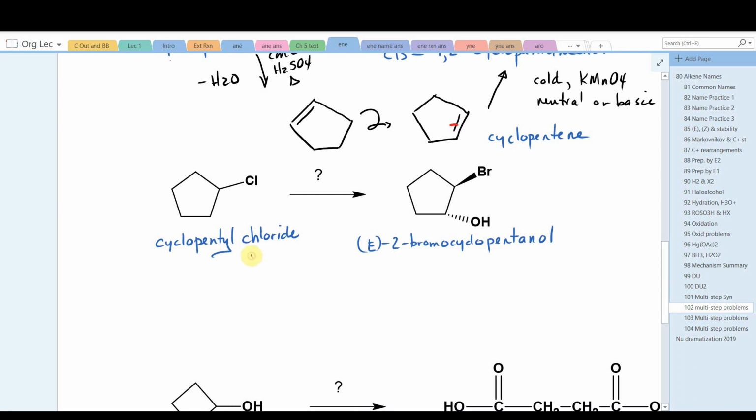We can, however, dehydrohalogenate this secondary alkyl halide using strong base in ethanol. The chloride leaves from the alpha carbon and a hydrogen from one of the beta carbons, giving us cyclopentene.